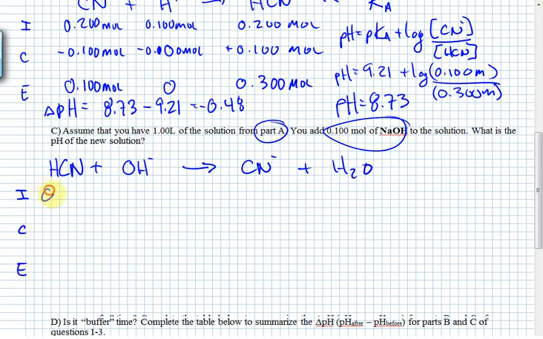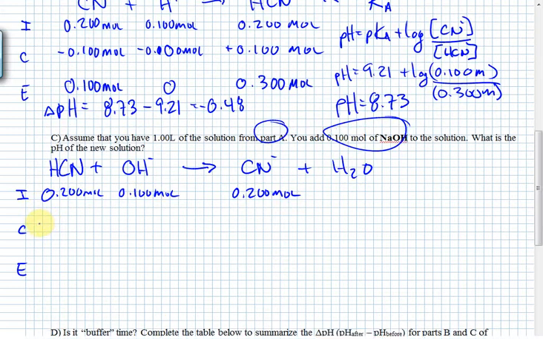Now the situation is I have 0.200 moles of my HCN. I'm adding 0.100 moles of the OH minus. I've got 0.200 moles of the cyanide. My change is going to be minus 0.100 moles of the HCN is going to disappear. The hydroxide is essentially going to all react.